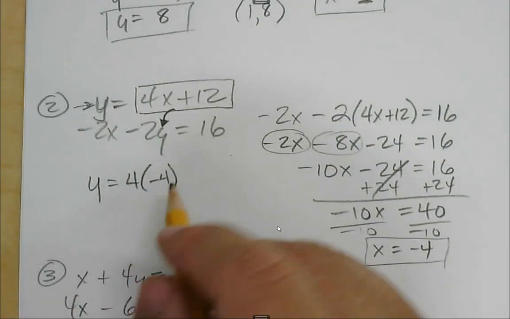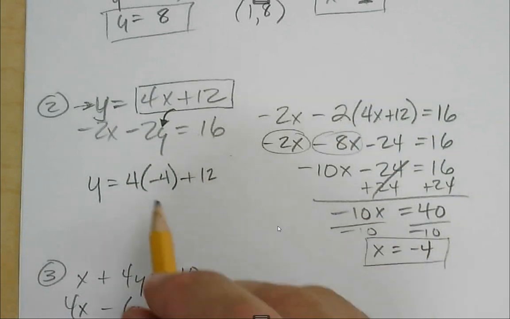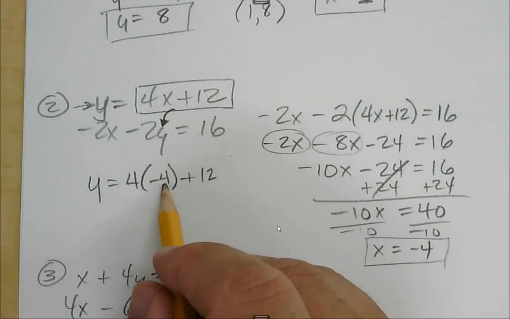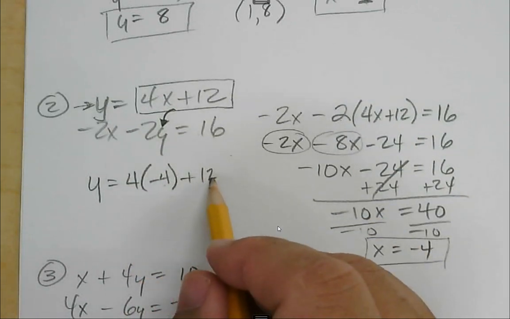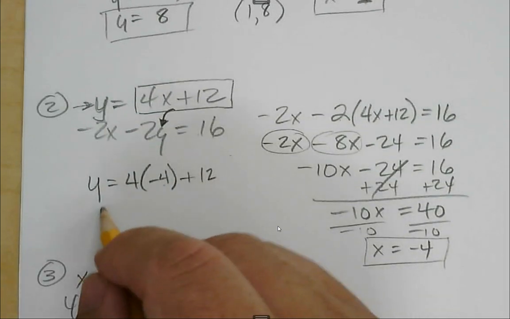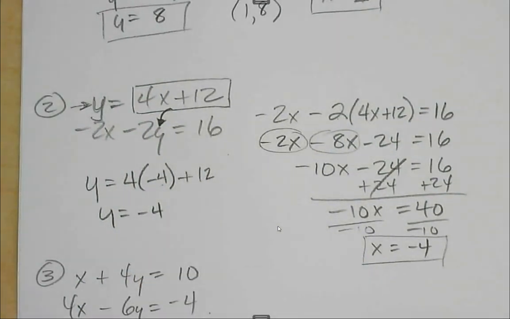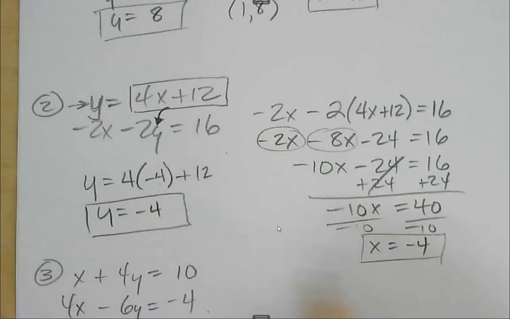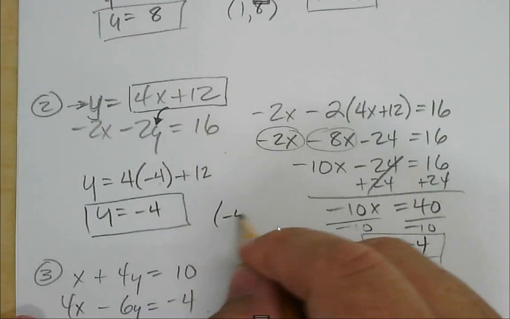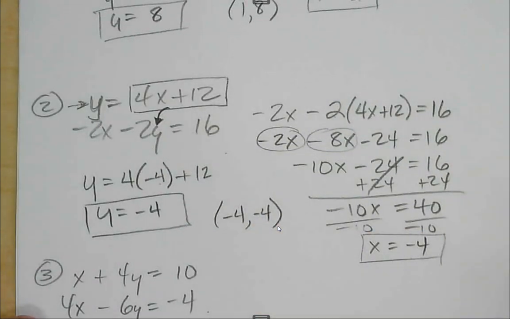So 4 times negative 4 plus 12. 4 times negative 4 is negative 16. Negative 16 plus 12 is going to be negative 4. So I have x equals negative 4 and y equals negative 4. So my new solution is negative 4, negative 4.